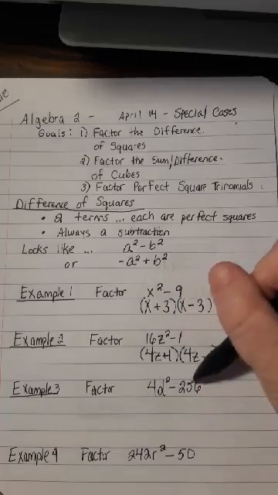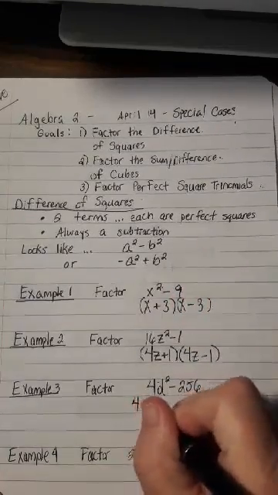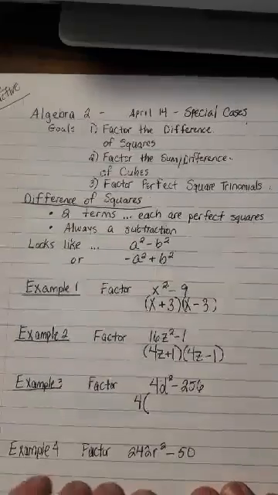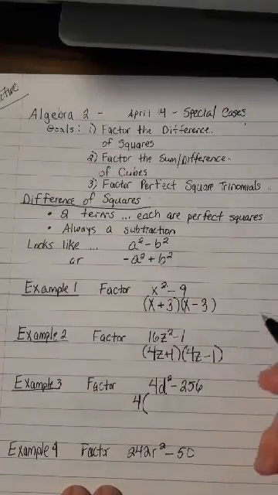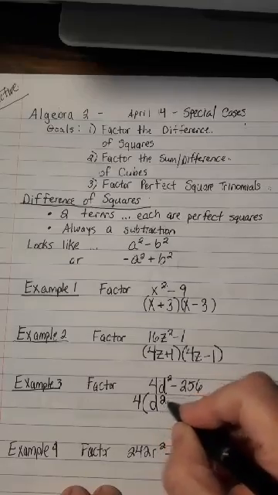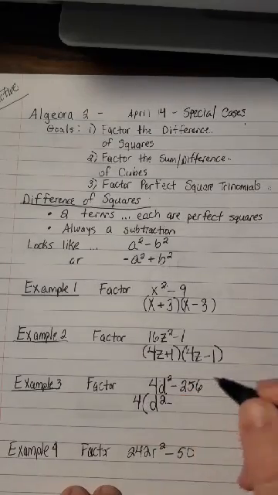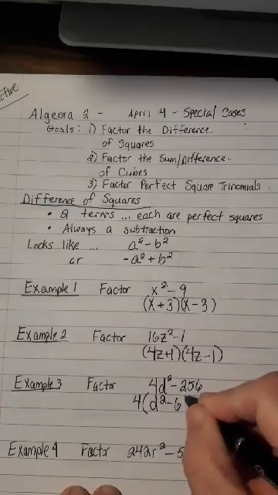So the GCF between 4d squared and 256 is 4 because 4 goes into both of them. Factor your 4 out and divide, and inside your parentheses, you're going to be left with d to the second minus 256 divided by 4 is 64.